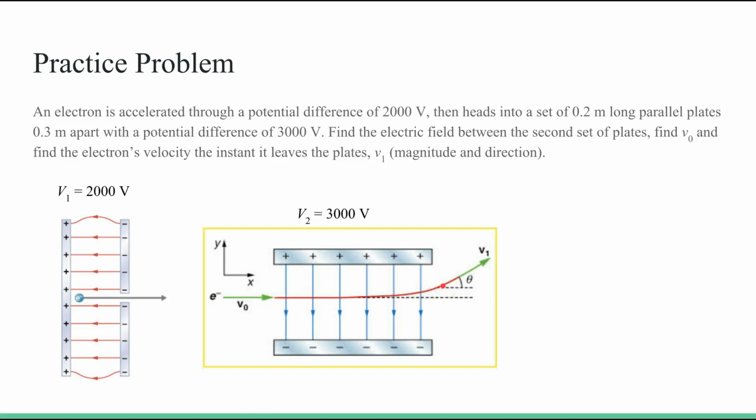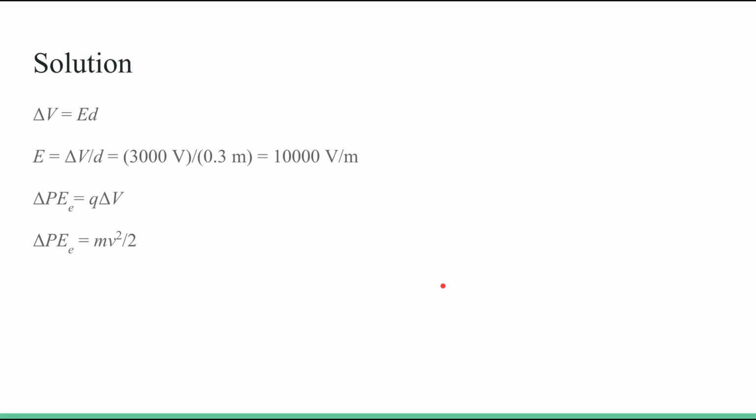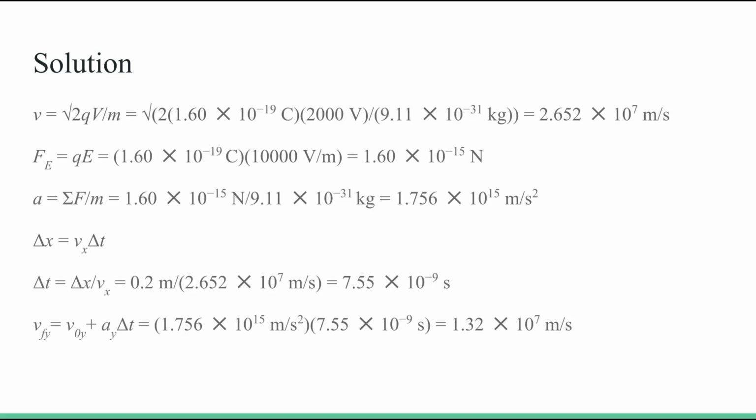So the x component will stay constant because there's no acceleration being experienced. So we could use this equation over here, basically the definition of velocity. And you can solve for delta t. And if you substitute in the numbers, you get 7.55 times 10 to the negative 9 seconds, or 7.55 nanoseconds.